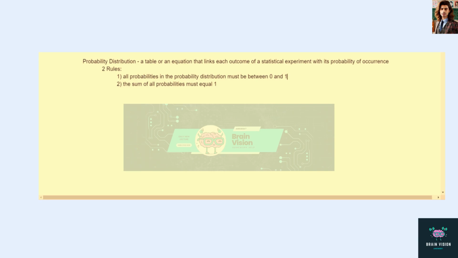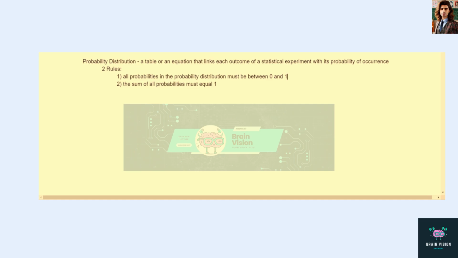And our second rule is that the sum of all probabilities must equal 1. You're determining the probabilities of the entire sample space, essentially. So all the probabilities combined must equal 1 because you can't just have extra probabilities that don't contribute to the overall instances occurring.